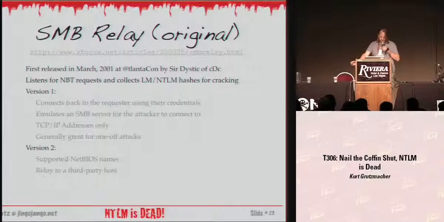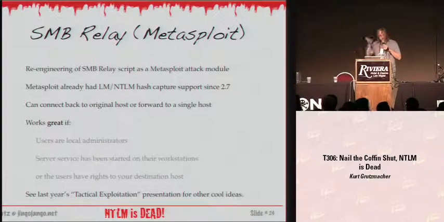Sir Dystic added some NetBIOS name support in version 2. The tool is still available. It's okay, but Metasploit to the rescue. Let's redo it in Ruby. Why not? So now it's an attack module inside Metasploit. The same concept. You direct SMB requests to it, and it can now connect back to the workstation or connect to a destination SMB server.